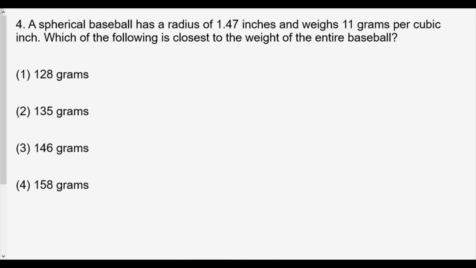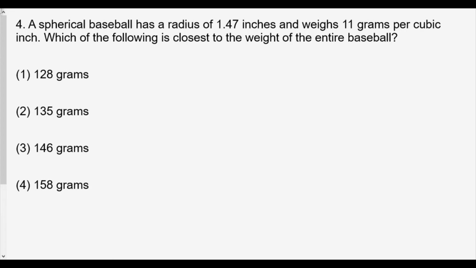Now number 4. A spherical baseball has a radius of 1.47 inches and weighs 11 grams per cubic inch. Which of the following is closest to the weight of the entire baseball? This is very similar to what we've done before, where we found the volume and then converted it, in a previous problem into a liquid form, like liters or gallons.